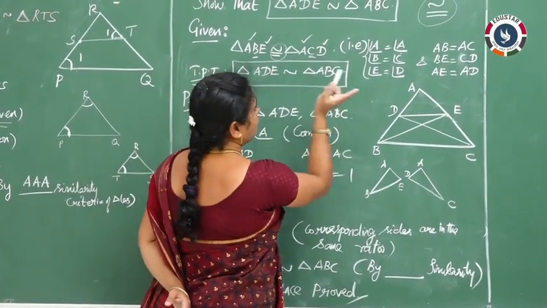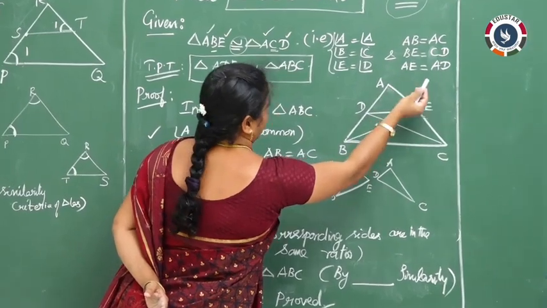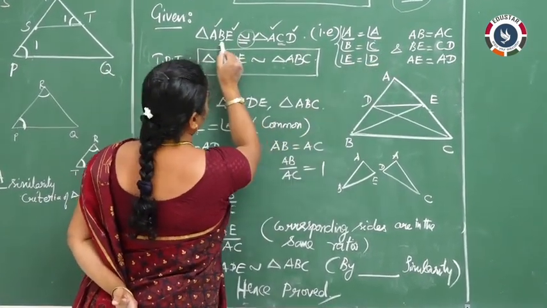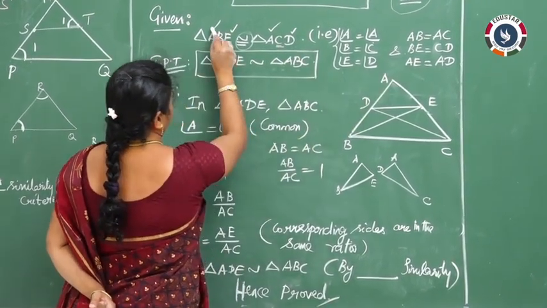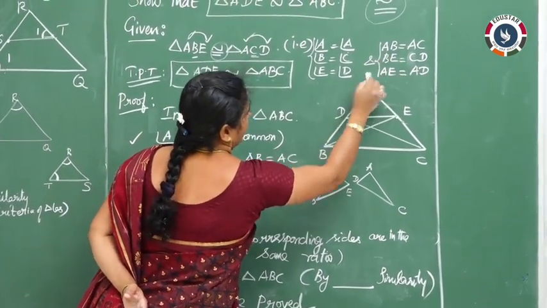And next, all the congruent sides are equal, right? So AB is equal to AC. BE equal to CD. AE equal to AD. So we have the other three.